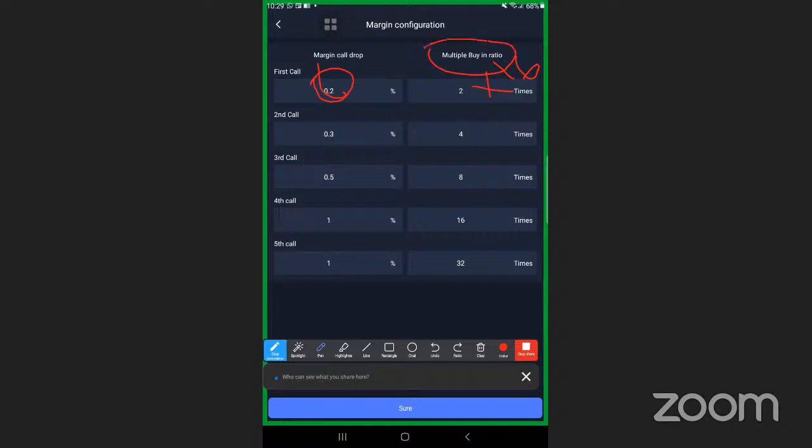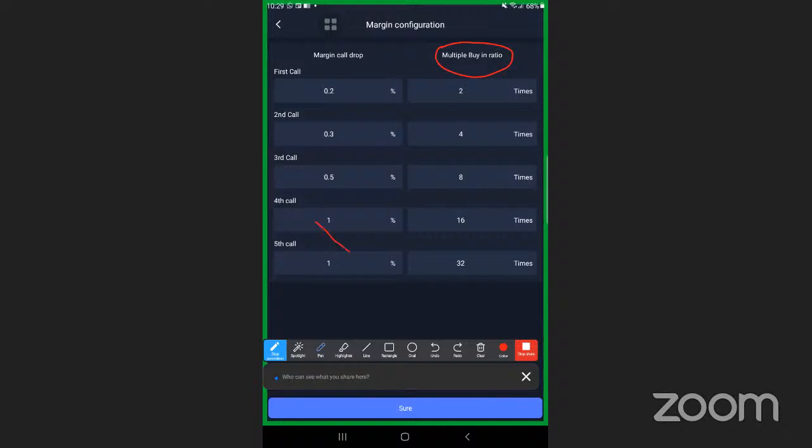That's what we call multiple buy-in ratio. Remember, our first buy-in amount is $16. When the robot is buying, how many times should it buy per layer with the $16? That's what we call multiple buy-in ratio.